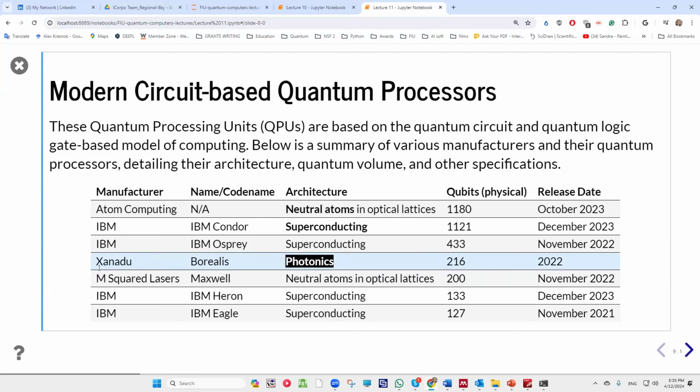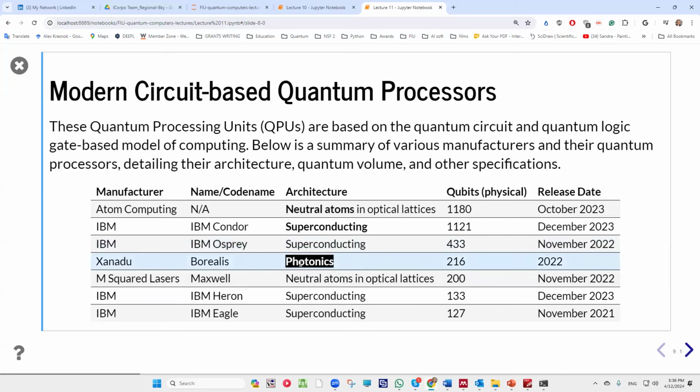So photonics, for example, this Xanadu company based in Canada, as I remember. They have a quantum computer based on photonics with 200 something qubits, optical photonic qubits.